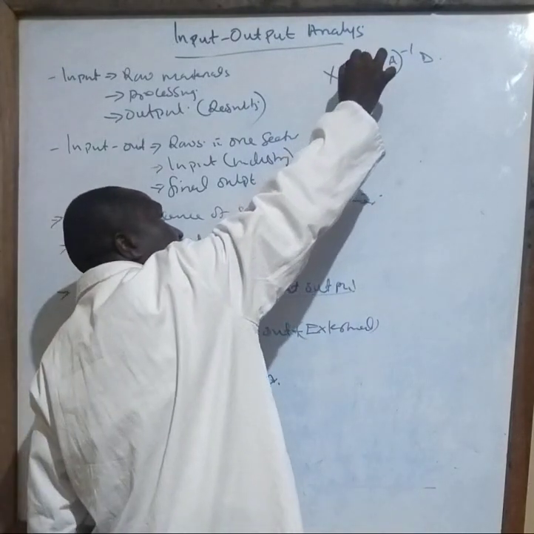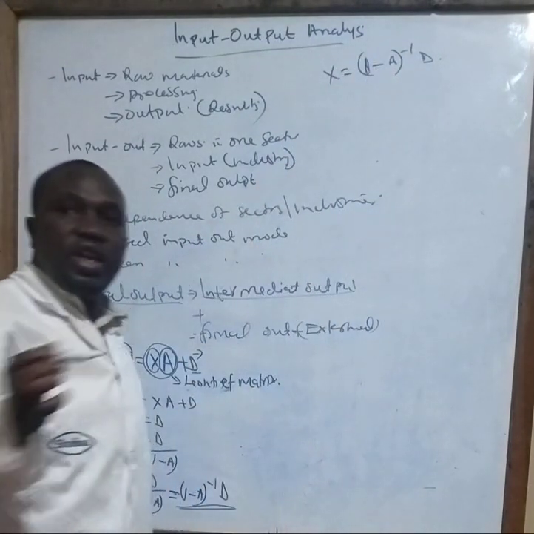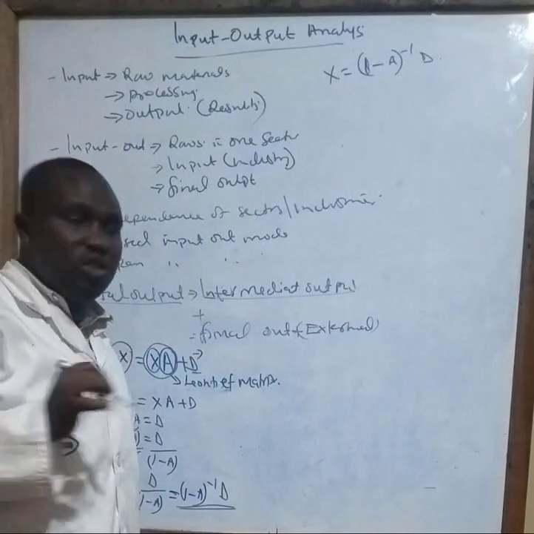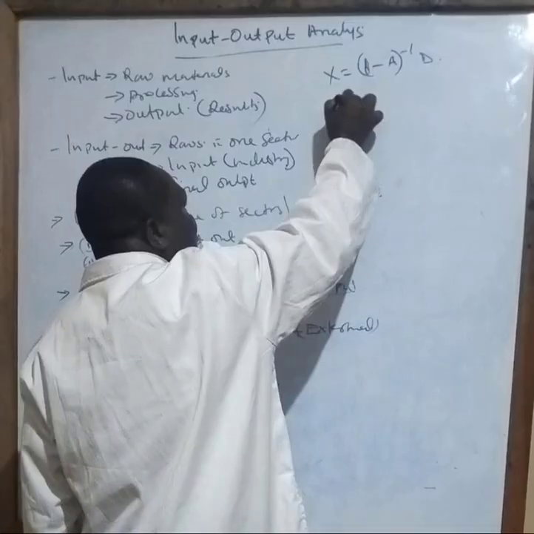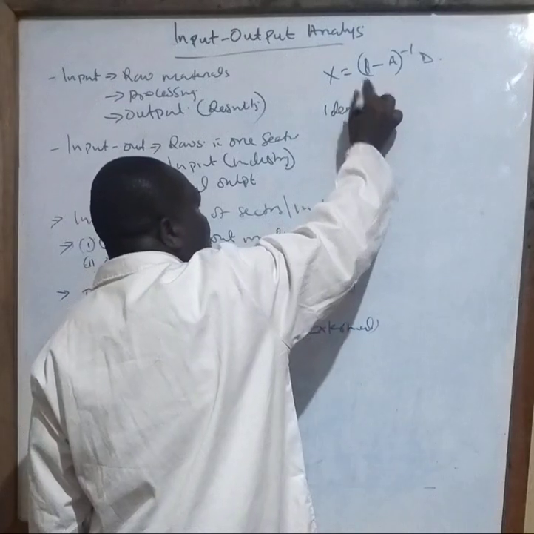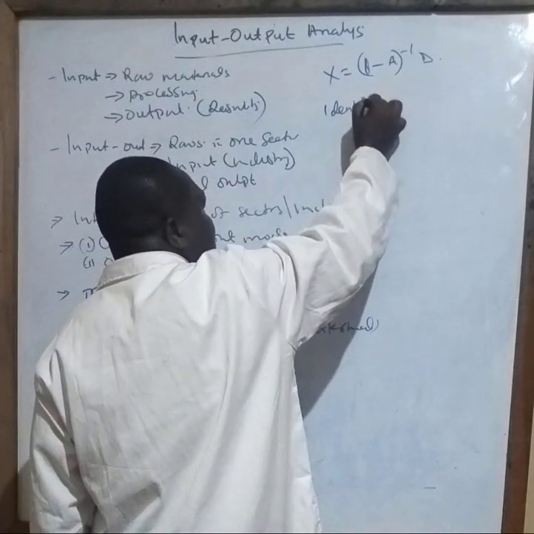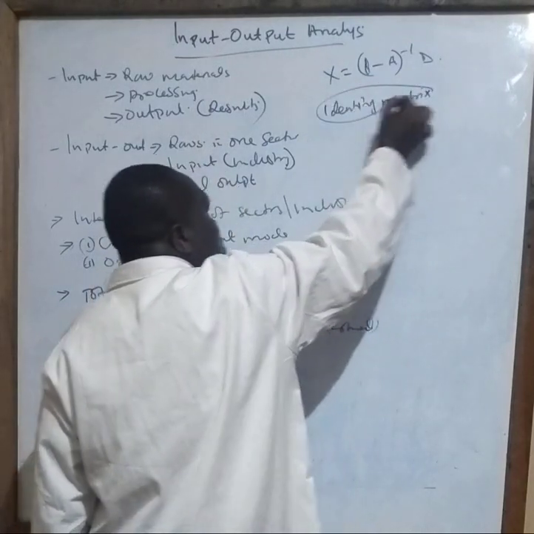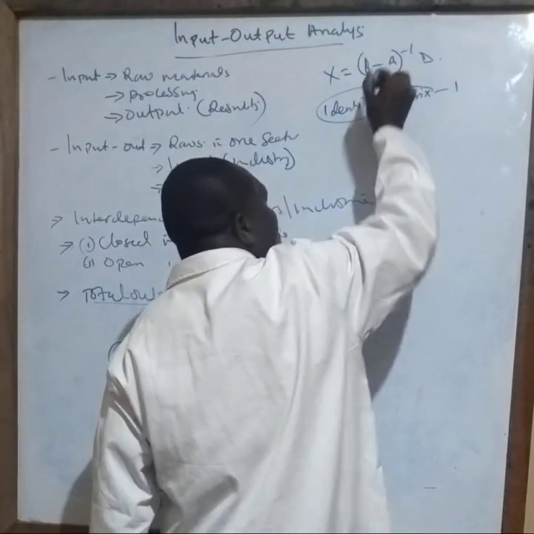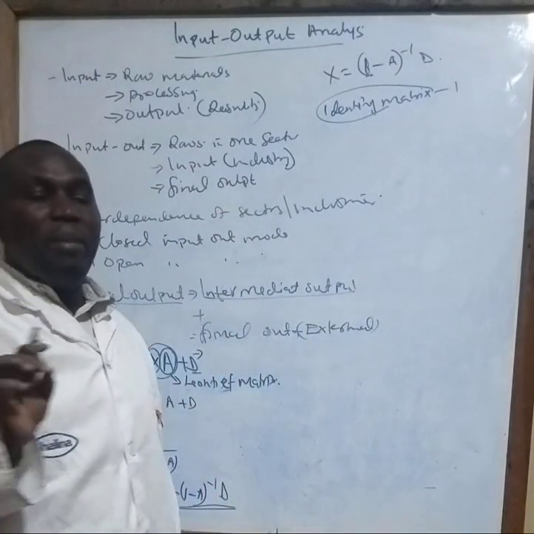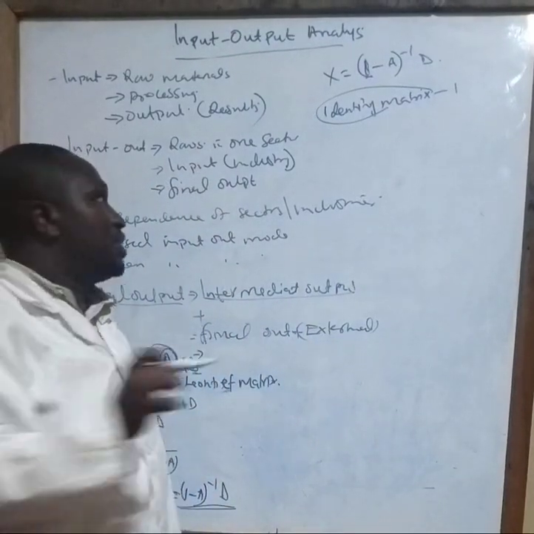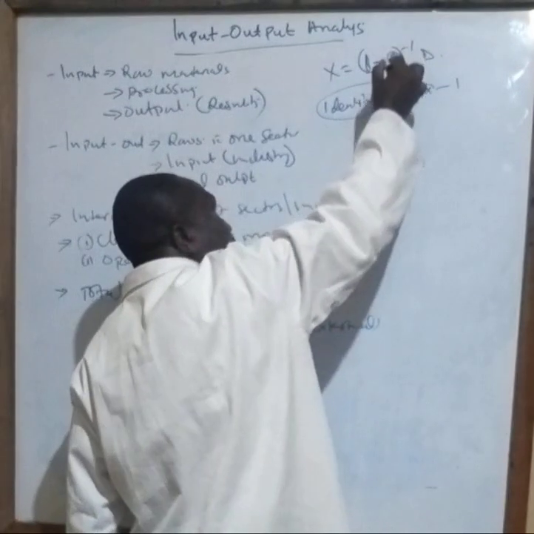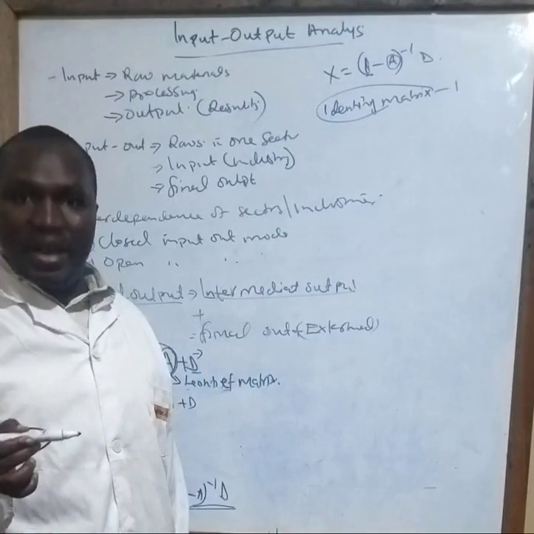I want to interpret it carefully. This one you are seeing here is what we were talking about from the introduction as identity matrix. Correct? So when you see I, this one is like 1, but it is not really that 1, but it is identity matrix. And this A here is the Leontief matrix.